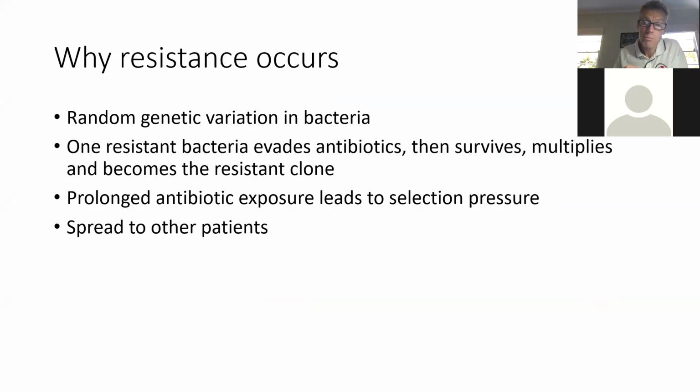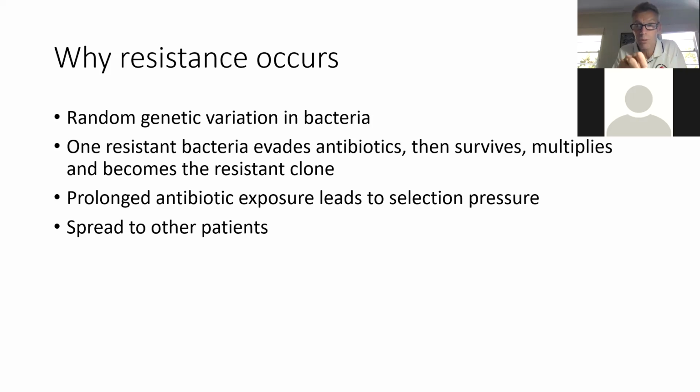Usually in a particular infection, there might be 1 million bacteria, and there might be only one that has a random genetic variation. But that one bacteria, or a small cluster of bacteria, can then evade the antibiotics. So the antibiotics don't work because that bacteria has a genetic variation that leads to resistance.